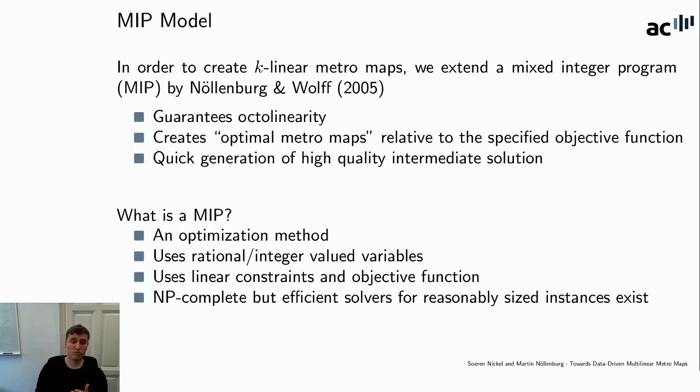A mixed integer program in general is NP complete, which means that we can't really hope for an efficient algorithm to solve them. However, there exist efficient solvers for reasonably sized instances as we encounter them in the real world. And as I already said, we don't always need to solve them to optimality because intermediate solutions tend to be already high quality.